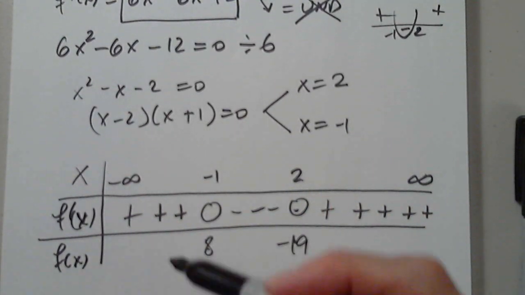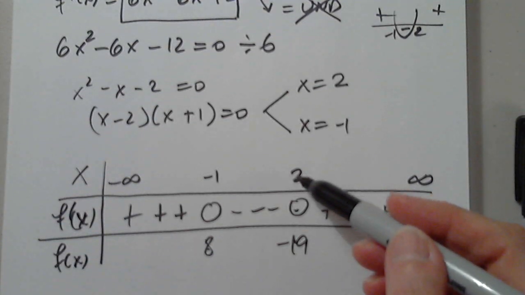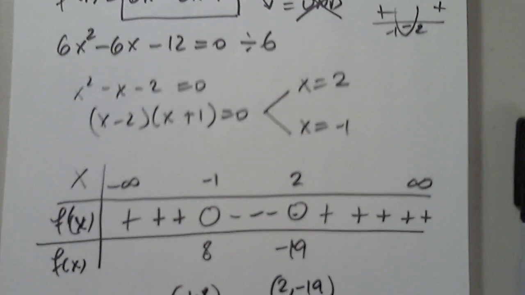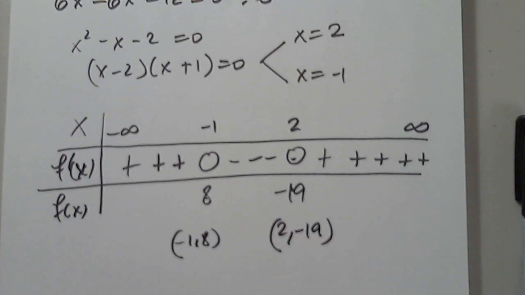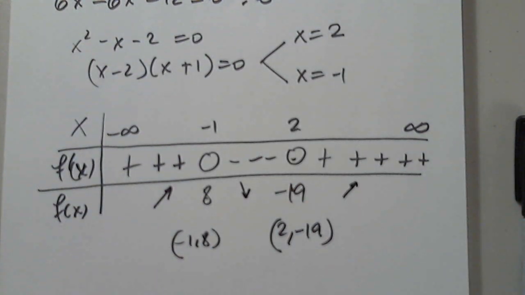So obviously, what type of point is negative 1, 8? And what type of point is 2, comma, negative 19? So negative 1, comma, 8 is a point, and 2, comma, negative 19. What are they? A maximum and then a minimum?